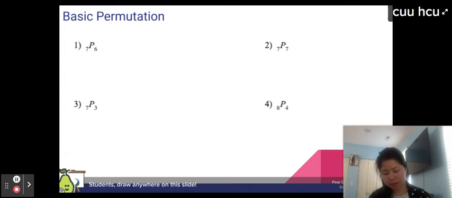If you want to write it out like this, 8 times 7 times 6 times 5 times 4, 3, 2, 1. So 4 factorial is 4 times 3, 2, 1. Cross out the common term. And now you just multiply what you have left, which is 8 times 7 times 6 times 5, if that's what you prefer.